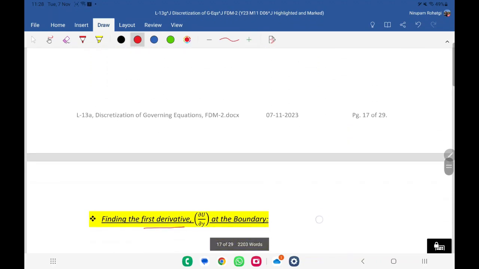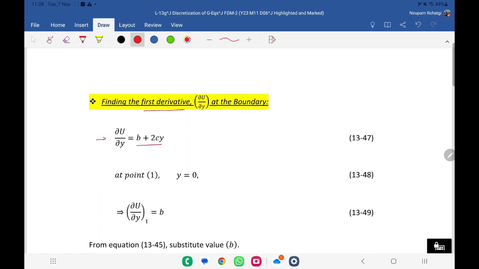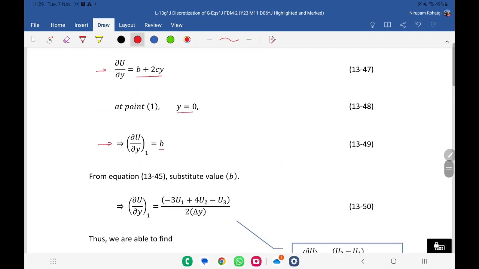Now we talk about first derivative. First derivative will be equal to B plus 2C delta Y. Now at point y equal to 0, del U, the derivative at point 1 is equal to B. So you put the value of B here and you get this.